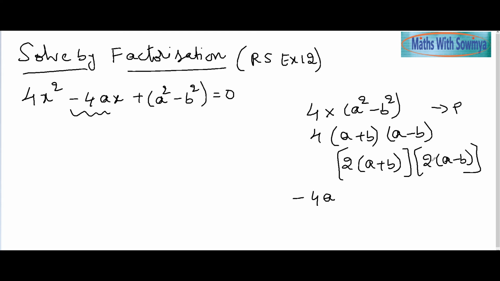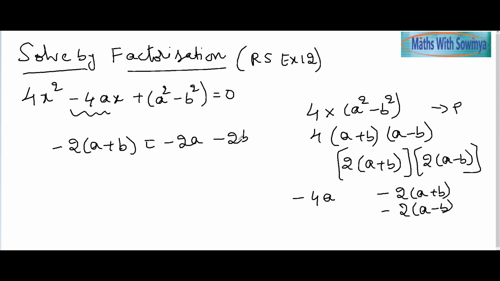So here is also 2, here is also 2. Suppose I give negative to both of them, I can add this. So what will we get? Minus 2 into (a plus b) will give me minus 2a minus 2b.